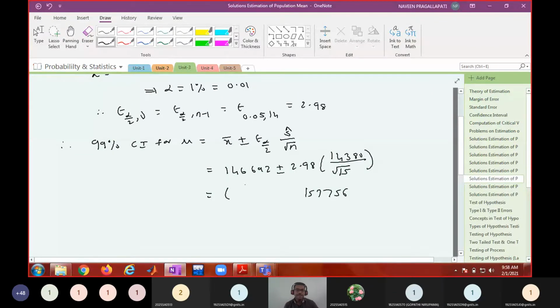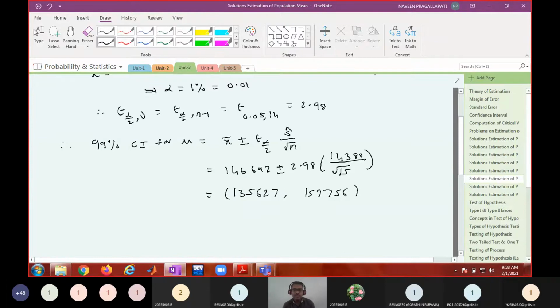Lower limit: 1,35,627. So this is the 99% confidence interval for the population mean.